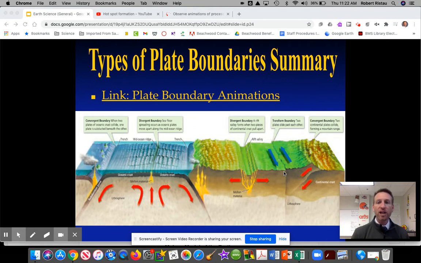So remember, we have a couple of different convergent boundaries. We'll move from left to right on this picture. It says, when two plates of oceanic crust collide, you see two ocean plates. Because there's at least one ocean plate, in this case two, but even when there's just one ocean plate at a convergent boundary, you get subduction.